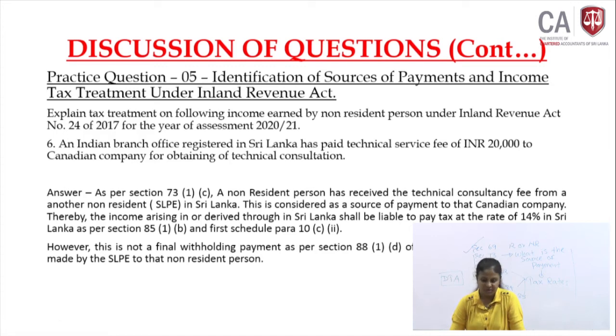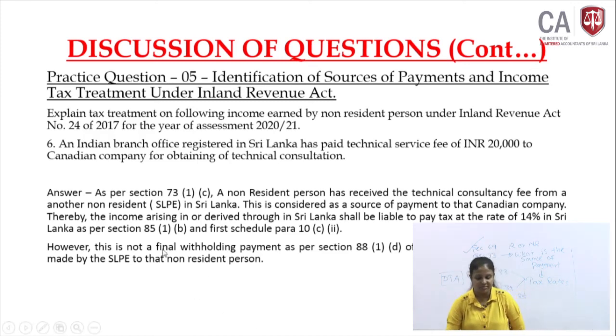But we will refer to the answer. This is a branch office, a payment derived through a branch office or a permanent establishment in Sri Lanka. Is it a final withholding payment to that non-resident person? No, it is not a final withholding payment. That's the one point you need to think about. Okay, come to the answer.